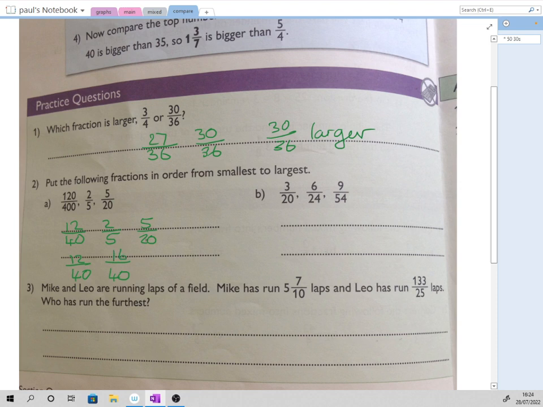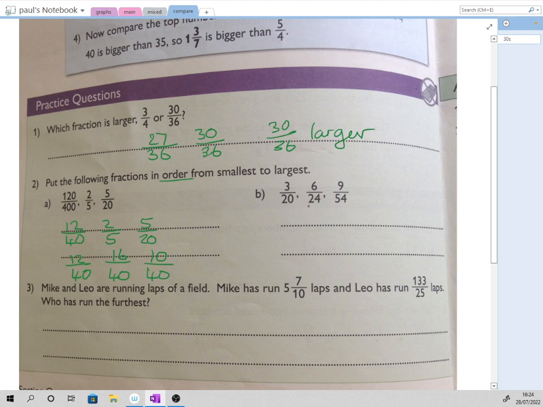This one, I need to multiply this by 2 to make it 40, so I need to multiply that by 2 to make it 10. So now everything is over 40, and I've got 12, 16 and 10. And if I were to put them in order from the smallest to the largest, I would go 10 over 40, 12 over 40, 16 over 40.